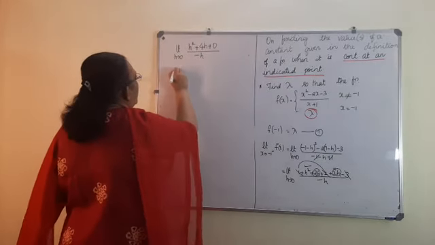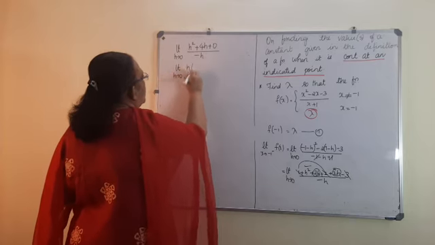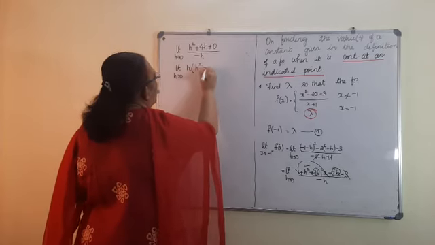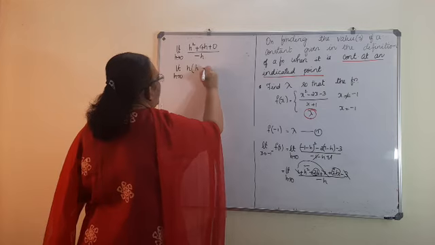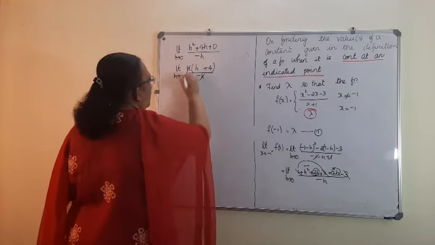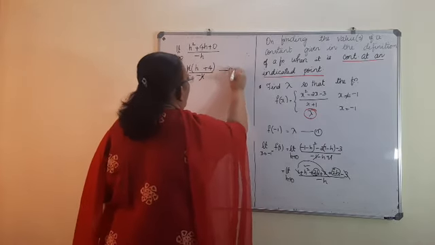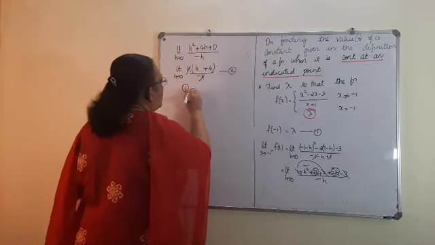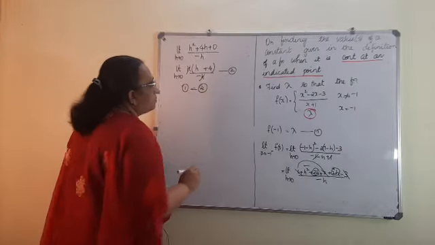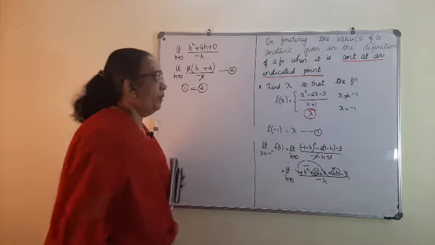Or that is the limit h tending to 0 of h into h plus 4 divided by minus h, cancel. But by the condition, you know that the left limit is equal to the value of the function. Why? Because it is continuous at the indicated point.